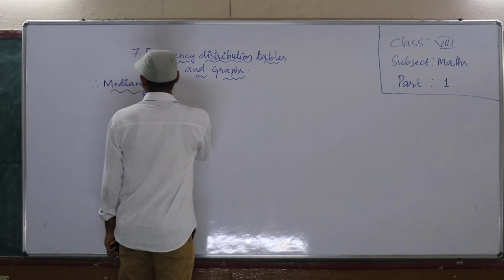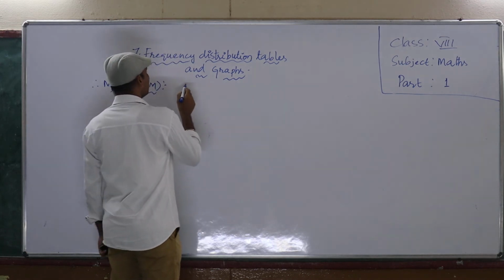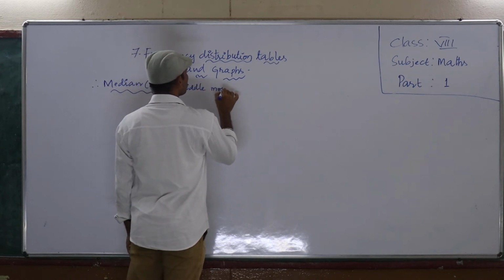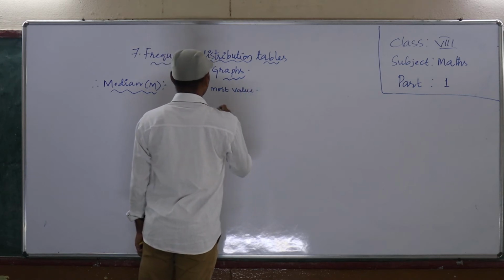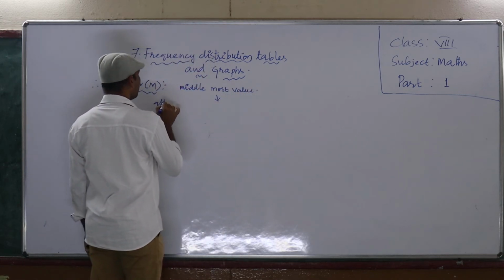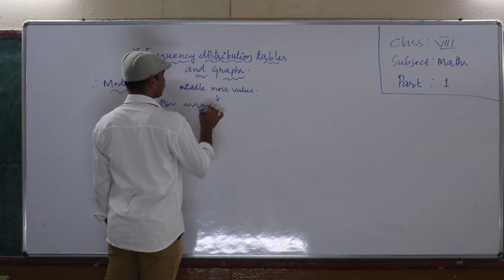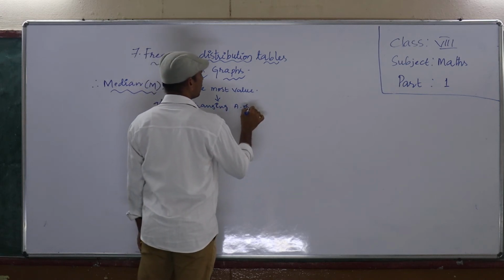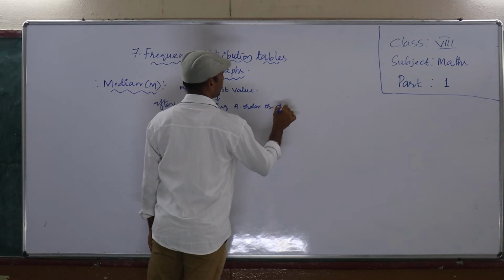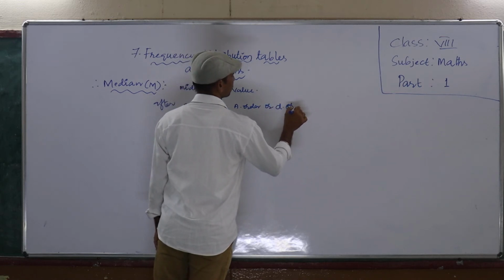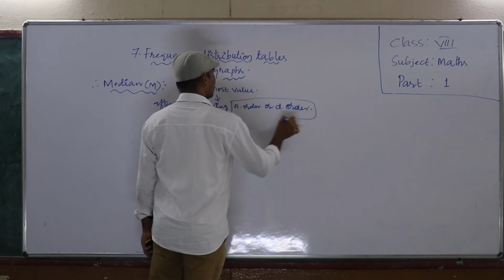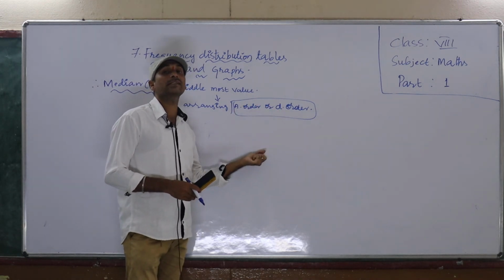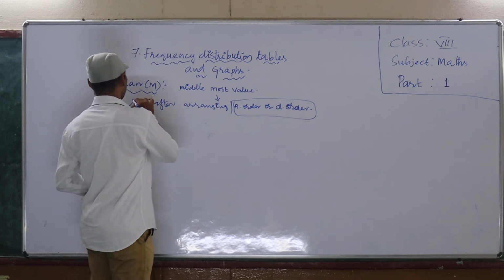Median is obtained as the exactly middle value after arranging the data in ascending or descending order.